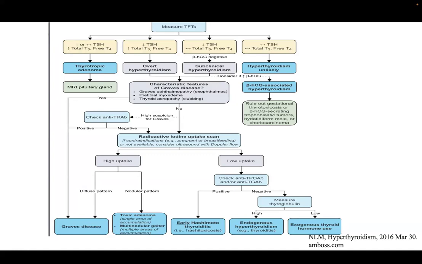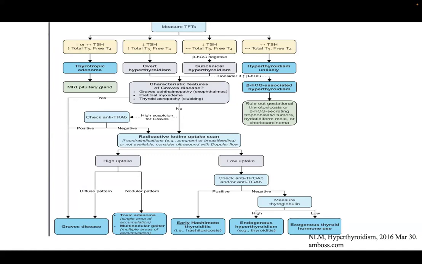Hashimoto's thyroiditis can also lead to thyrotoxicosis, which is Hashitoxicosis. If it is negative, then we go ahead and measure the thyroglobulin level. If it is high, then the cause is endogenous, which could be thyroiditis, or if low, it could be excessive replacement therapy if the patient is taking that.